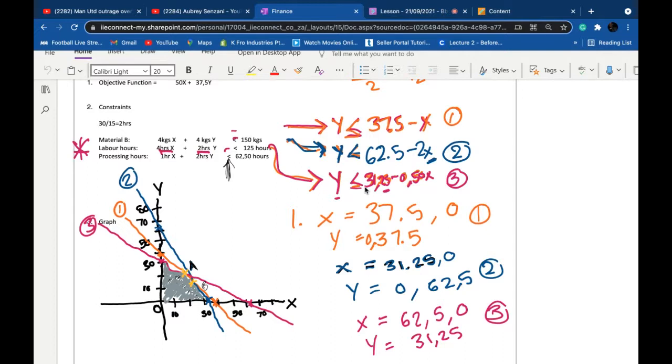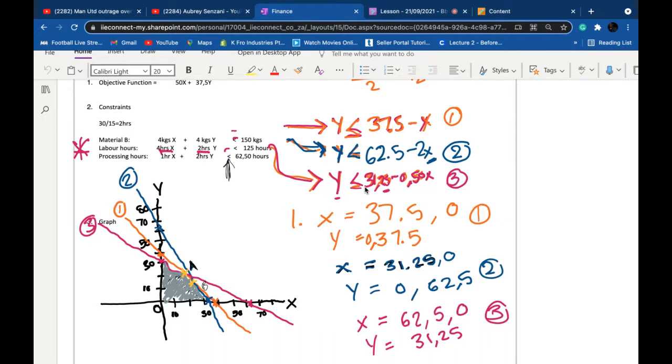Does it make sense? So then you say, okay, if X is equal to 0, then how much in terms of labor hours do I have? How much of material B do I have? And that's how we formulate those lines, basically these equations.